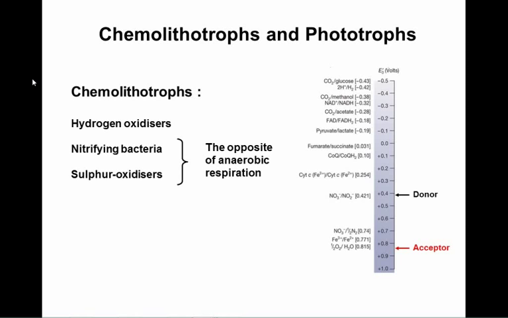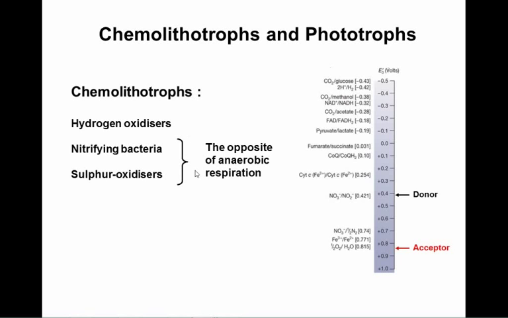Now there are three types of chemolithotrophs that we have to know about: hydrogen oxidizers, nitrifying bacteria, and sulfur oxidizers. So what is happening here is that we're looking for some kind of reduced molecular hydrogen. It's reduced basically, or reduced nitrogen or reduced sulfur compounds.